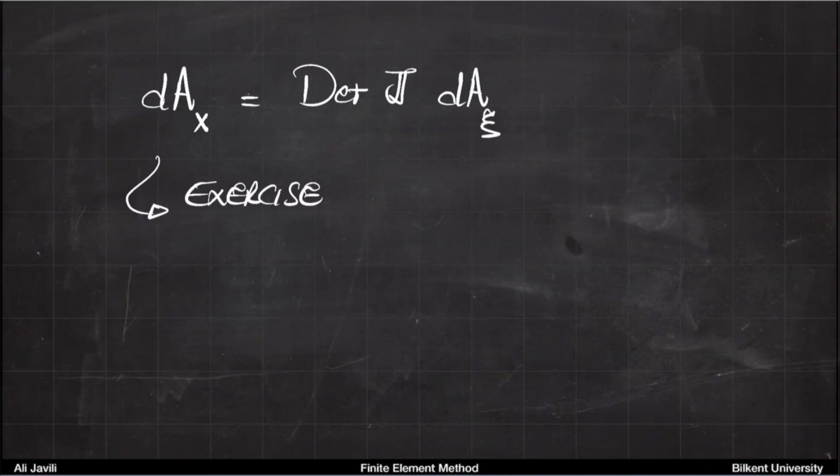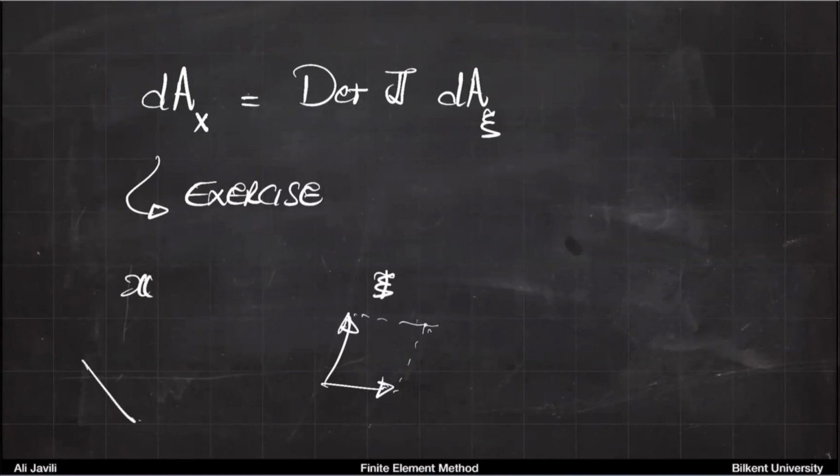Basically, the idea is that if you have two vectors in the natural coordinate system, and then their area is something like this, in the physical coordinate system, maybe they are these two vectors, and the area is like this. So all you have to do is to calculate the area here, and the area here.